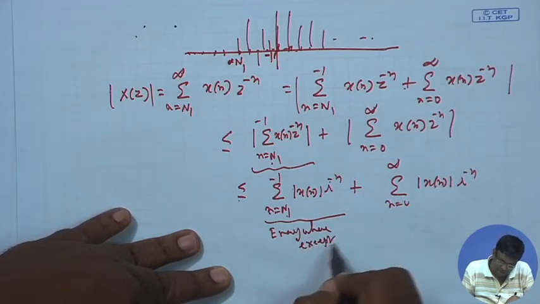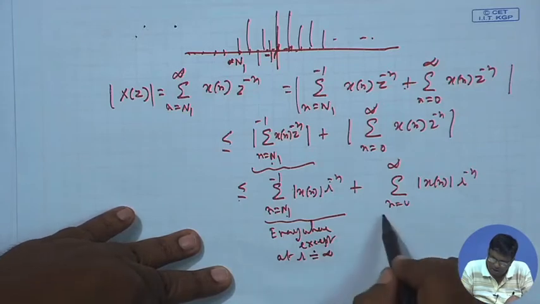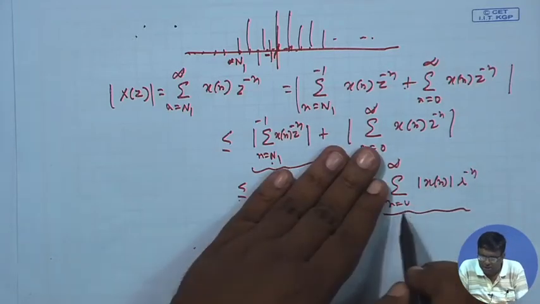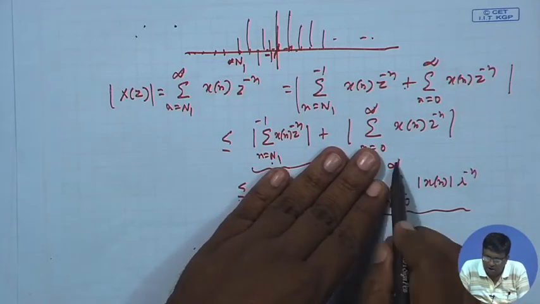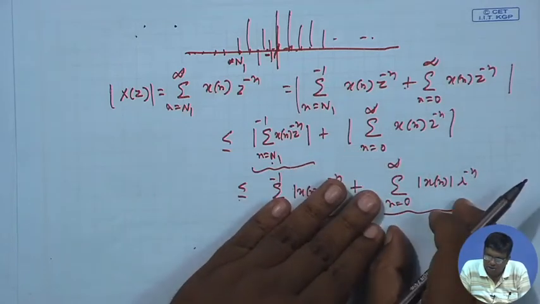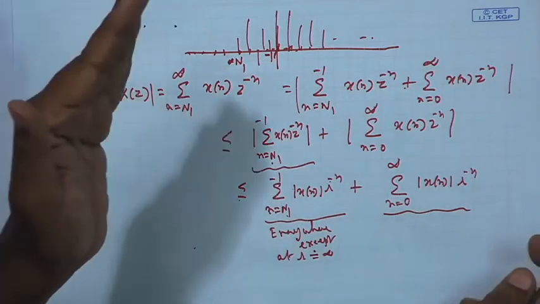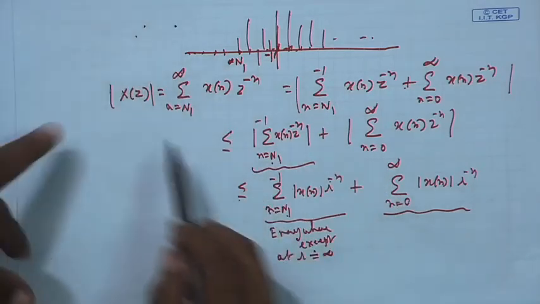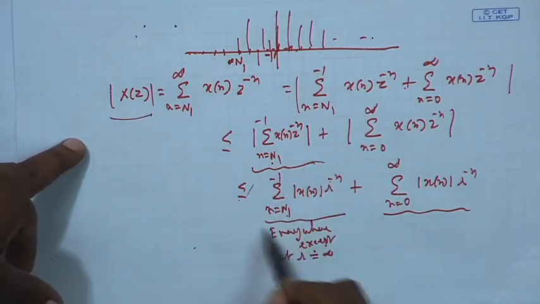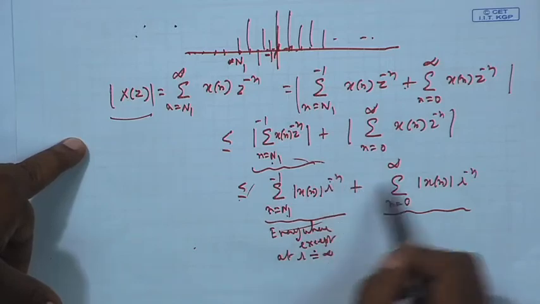Except at r infinity, and this summation is for a sequence that starts at n equal to 0 up to infinity, so it is a purely right sided sequence. Its convergence will be outside a circle up to infinity. So, for the z transform to exist, this should be finite and this should be finite, because this is a positive number and this is a positive number.